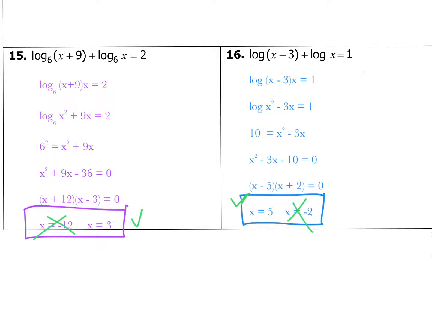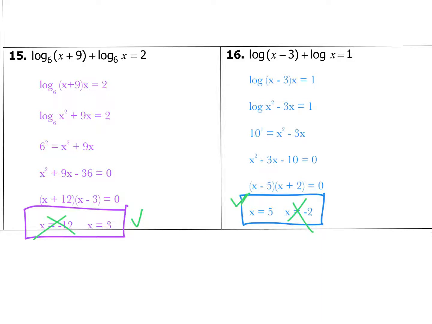Over here to 16, I also saw addition, so I turned that into multiplication because they're both that common log base. So when I distributed the x, I got x squared minus 3x equals that 1. Now there is no base, so it's an understood 10. So when I have a log equals a number, I'm going to write it in exponential form.